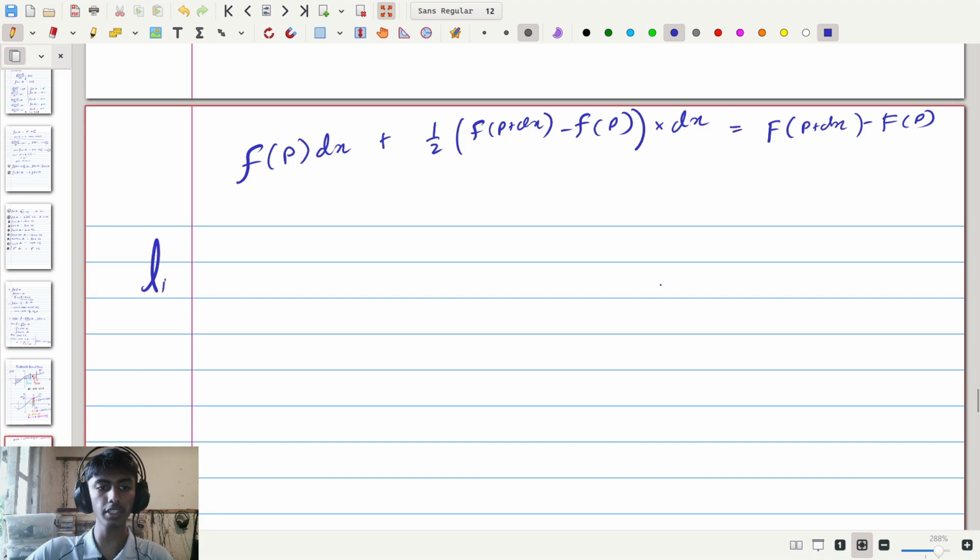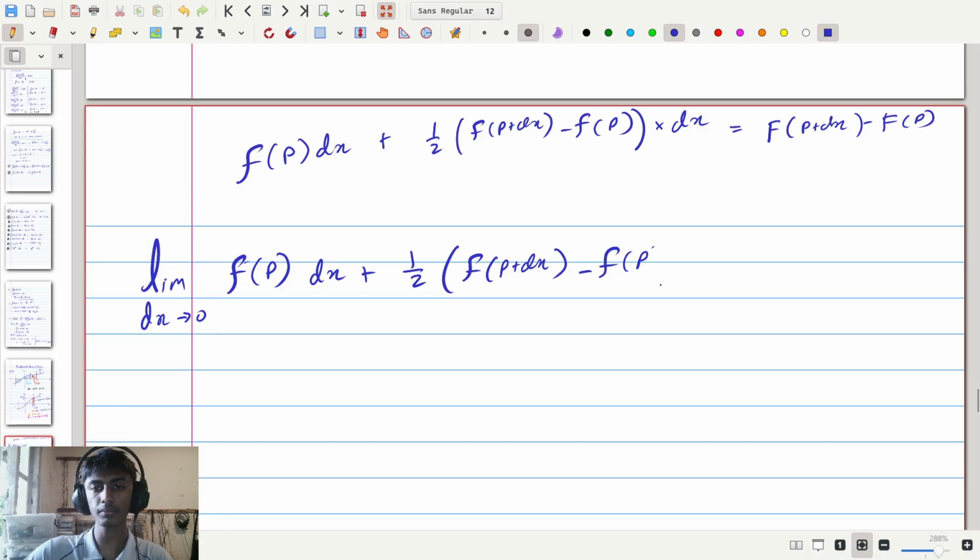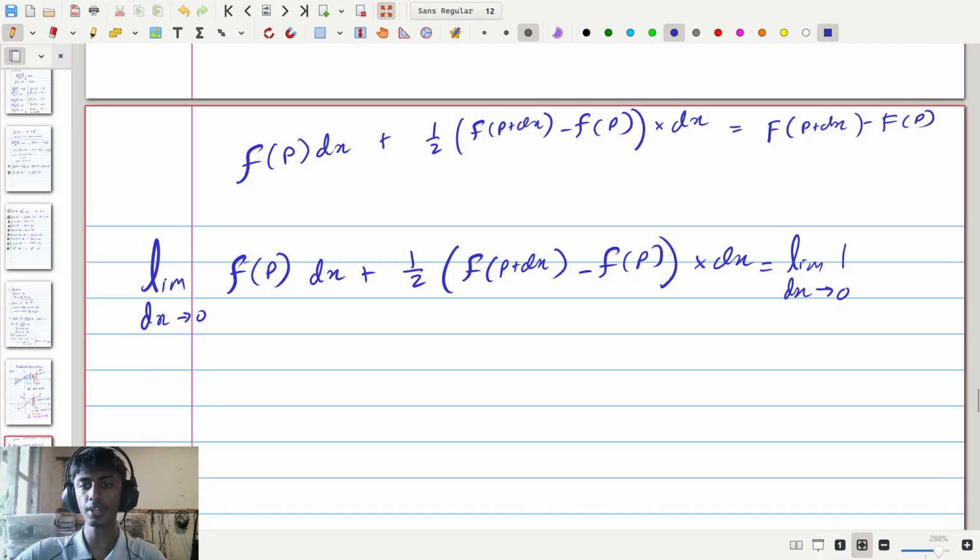What we're going to do is apply the limit as dx approaches 0 to f of p times dx plus half times f of p plus dx minus f of p times dx, and this is going to be equal to the limit as dx approaches 0 of F of p plus dx minus capital F of p.